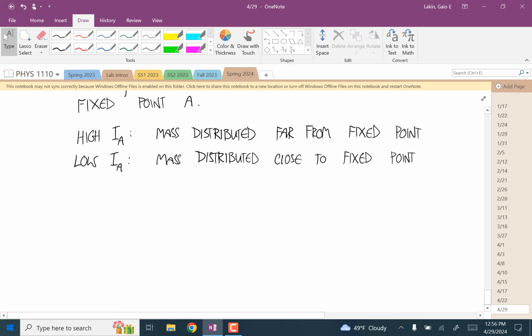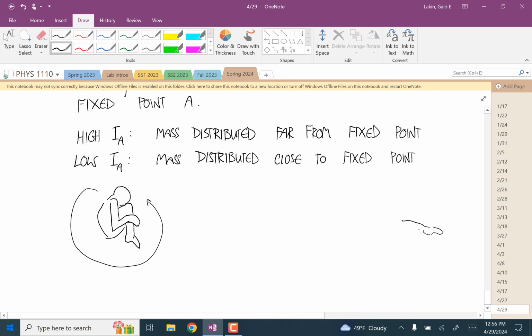So one way you can do a double flip is like this, where you pull your body in as tightly as possible. You're flipping this way. And another way you can do it is kind of the other extreme, with your body stretched out like this.